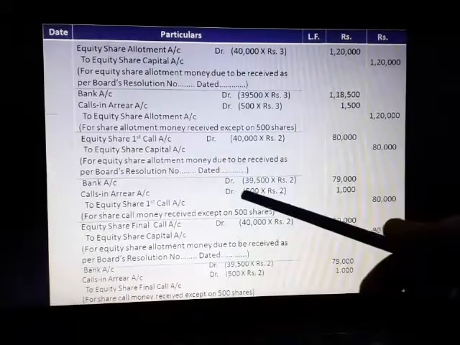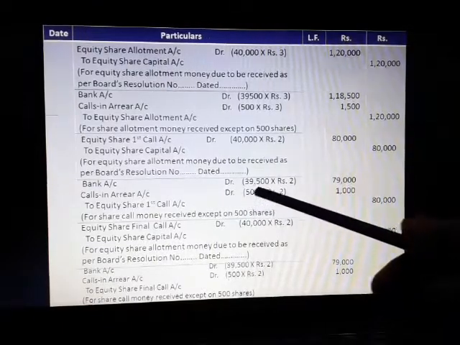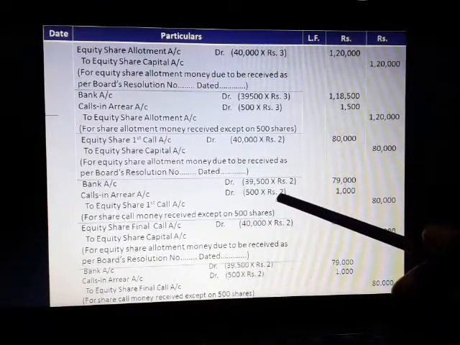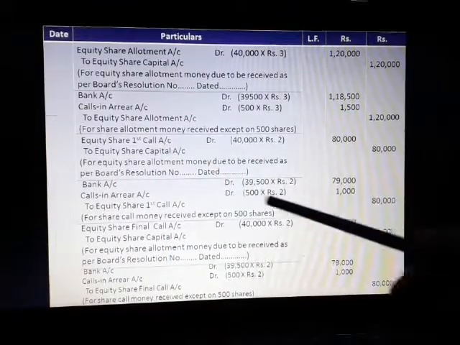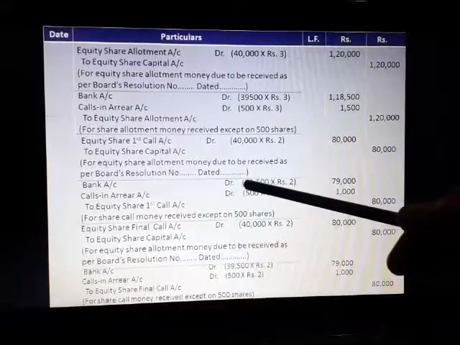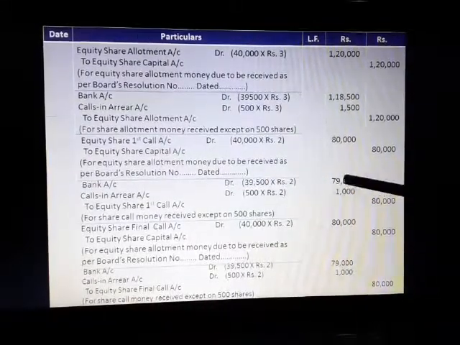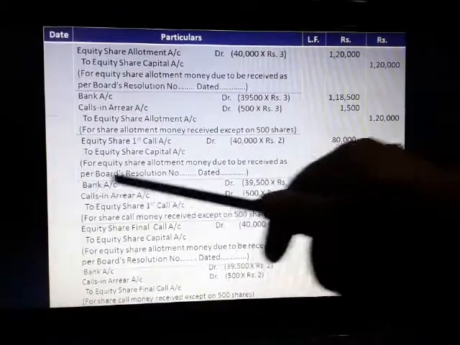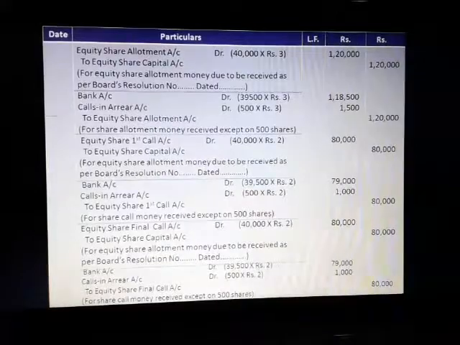So in respect of his 500 shares, there is amount unrealized to the extent of rupees 1,000, that is 500 into rupees 2, 1,000, and the amount received with respect to 39,500 shares into rupees 2, 79,000. So bank account debit, calls in arrear account debit to equity share first call account.